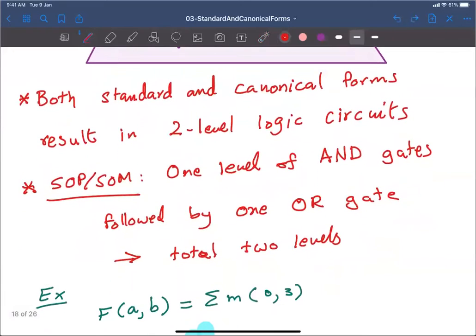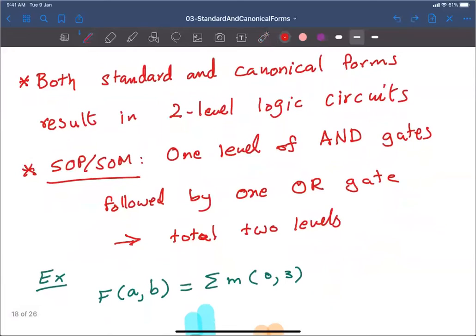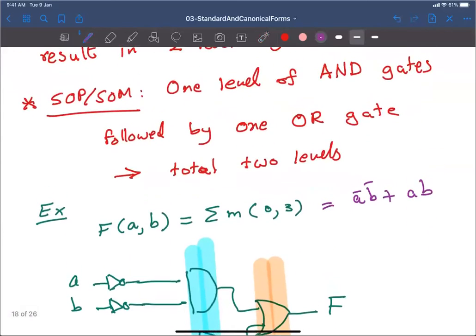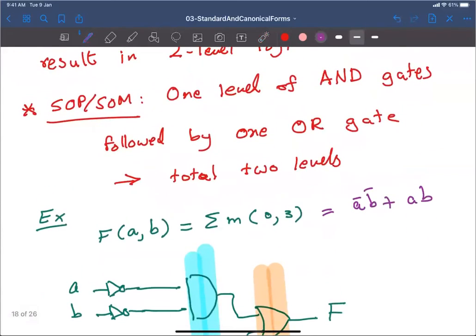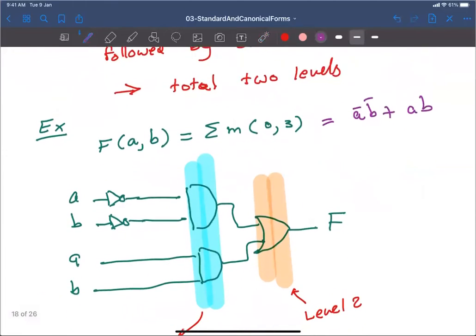So here is an example. If we have F that is equal to the sum of minterms 0 and 3, I know that minterms 0 and 3 are equal to A complement B complement, ORed with AB, using the algebraic representation of minterms. All right, so this is the logic circuit.